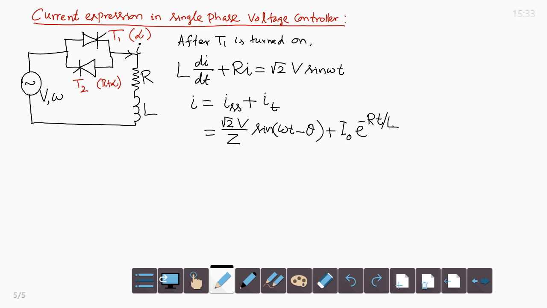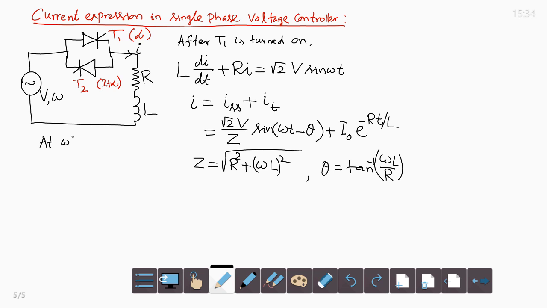So, here Z is root over of R square plus omega square L square, and theta is tan inverse of omega L by R. So, at omega t equals alpha, current will start from 0. So, I is 0.